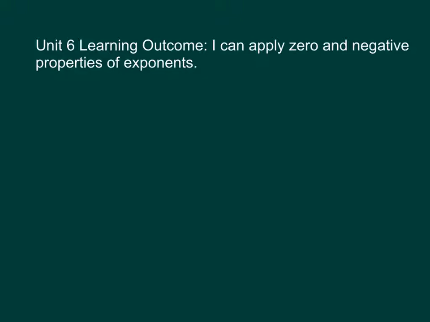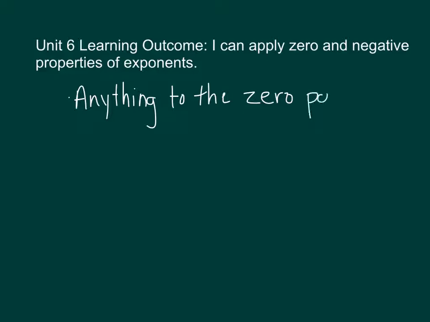The very first one is the zero property. So what you need to know is that anything to the zero power is 1.